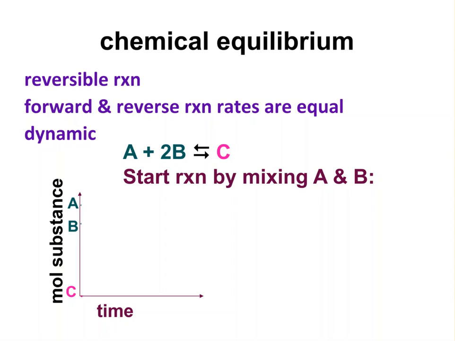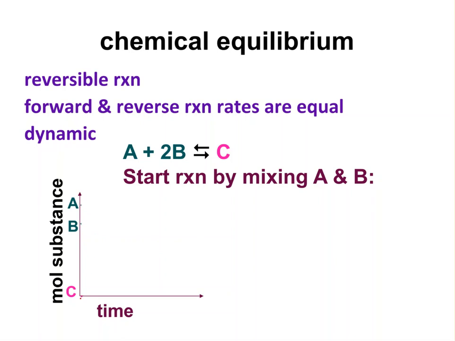What I've got here on this graph is the concentration of the different substances over time. I'm going to start by mixing them, and when I first mix them, there won't be any C. I'm going to just mix A and B, and then we're going to watch to see what their concentrations do over time.